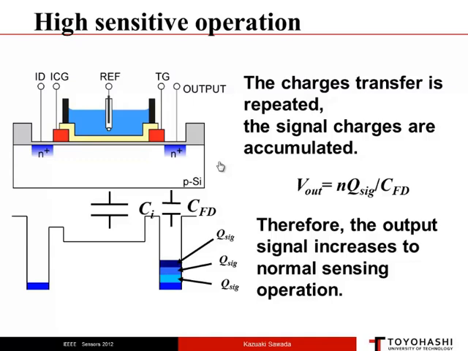It is very similar to a digital still camera, because in a dark condition the shutter time is changed according to the light conditions. So the photogenerated electrons are accumulated under the sensing region. Our sensor can also accumulate charge in the sensing region.